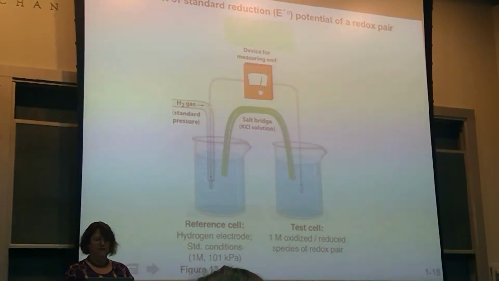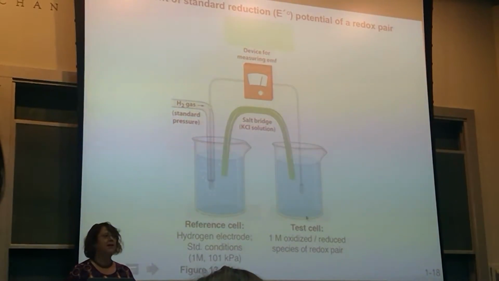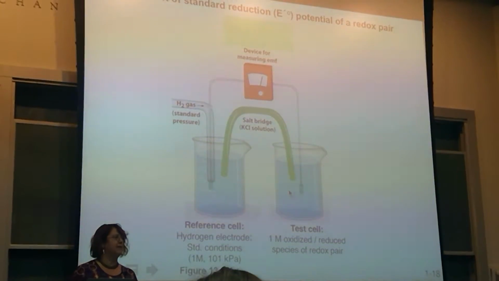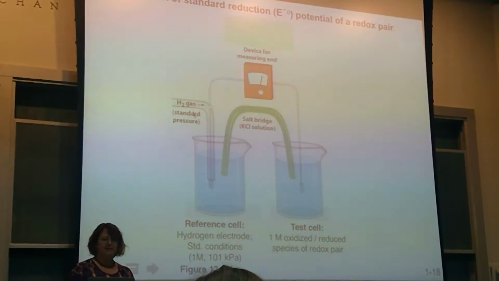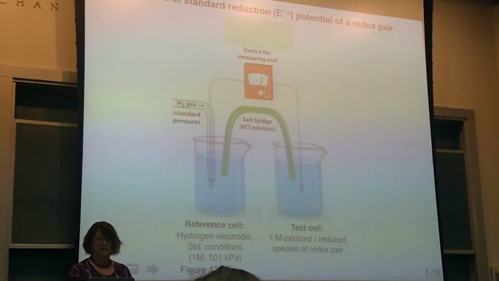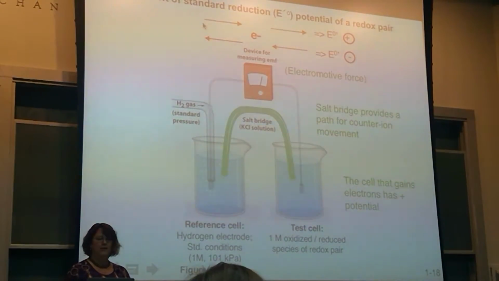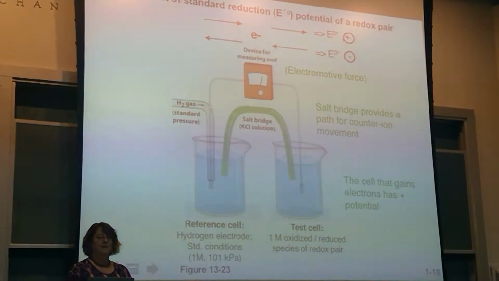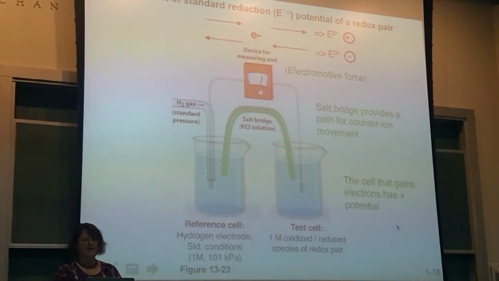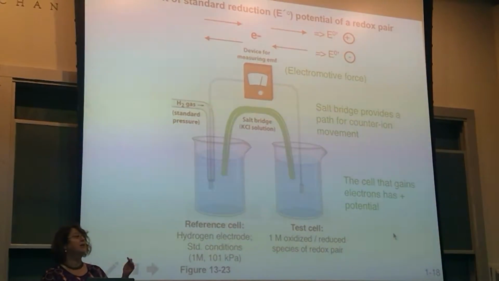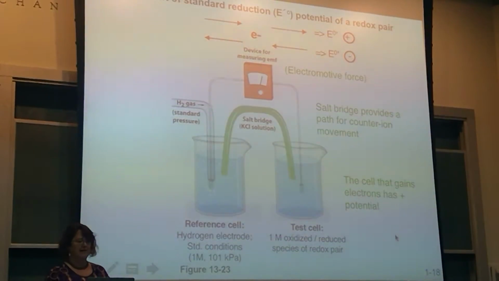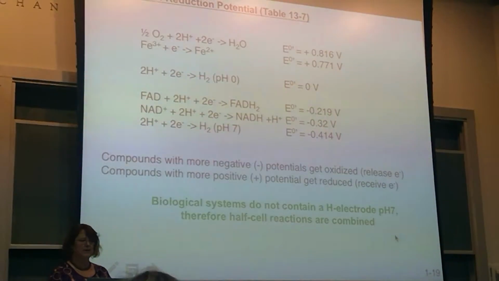You have your hydrogen electrode under standard conditions, and then you put whatever other pair you're looking at here, and then you see which way the electron goes, the voltage goes, and by how much. If it's going in this direction, the E is positive, and if it's going in this direction, it's negative. So the cell that gains electrons has positive. We're going to look at the table to give you more insight into that.